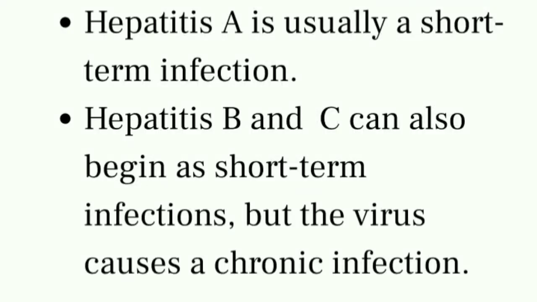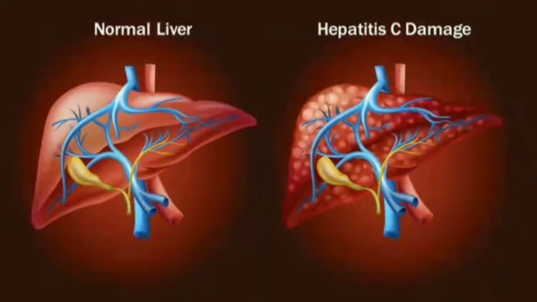Hepatitis A is usually a short-term infection, whereas hepatitis B and C start as a short-term infection, but the virus causes chronic infections, later it may lead to a chronic infection. So when you look at the diagram, you can see the difference between a normal liver and a liver being affected by hepatitis C virus.